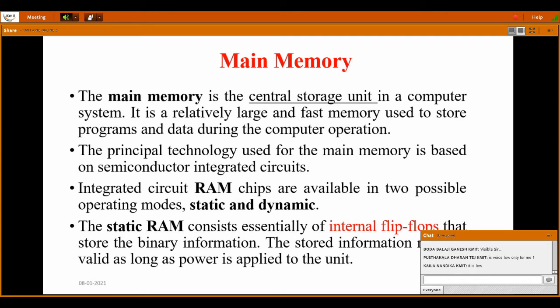The stored information remains valid as long as power is applied to the unit.